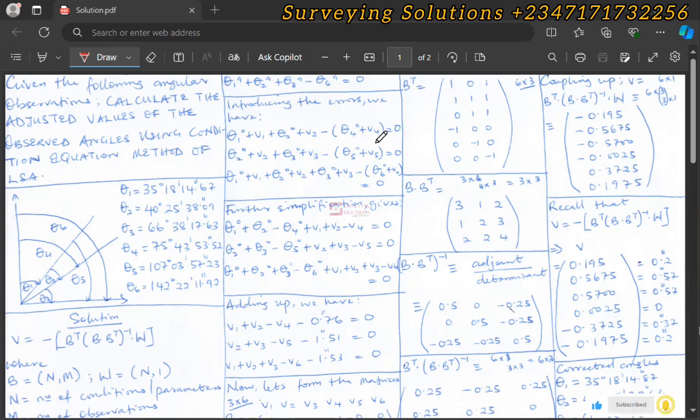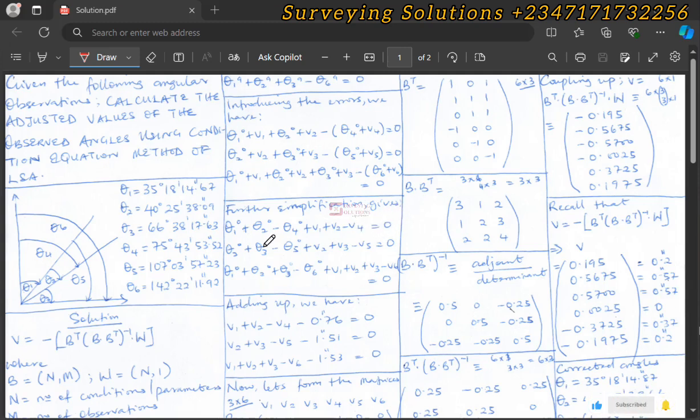Therefore they now have negative signs in the further simplification. Are we together? So we are running it down again. We have theta 1 observed plus theta 2 observed minus theta 4 observed plus residual 1 plus residual 2 minus the residual 4, all equal to 0, right?